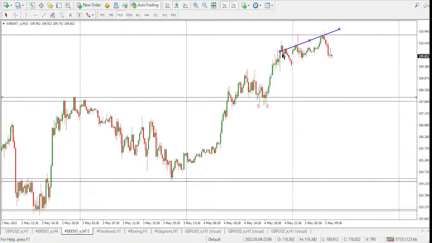We have the first one. This is the first shape I'm looking at. You can see that the price has violated it to the lower side, which means this is now a possible sell. We have another shape here. And then we had another one.